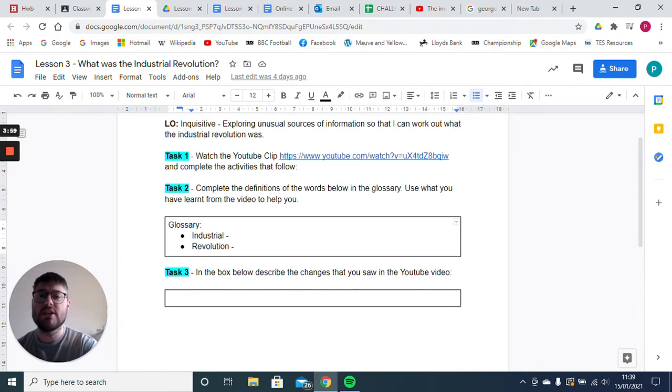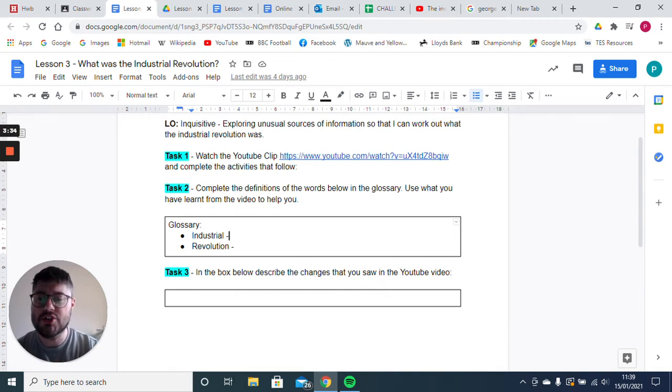Everyone worked on the land, as a farmer. They lived in little huts or wooden houses, and every day they would get up and go to where they were growing their crops or looking after their animals. Then the Industrial Revolution starts, and we'll get into why it starts in a future lesson.